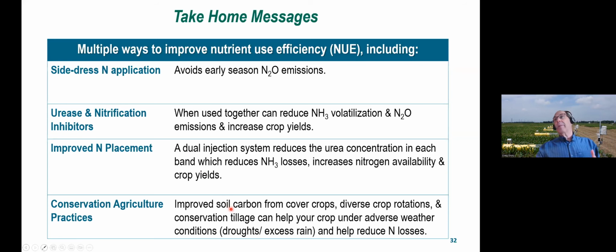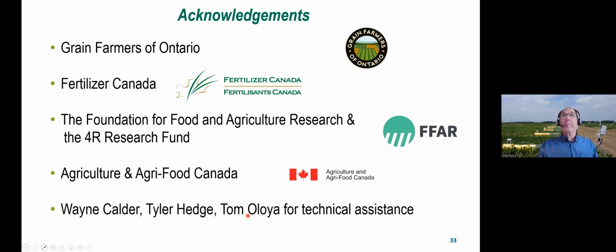So your crop can better withstand adverse weather conditions such as droughts and excess rain, which I realize you're having, and we've only had about an inch of rain since the beginning of May here, so we're in a drought situation as well.